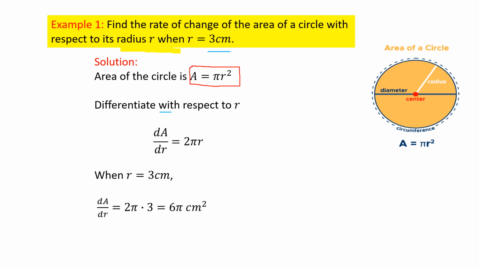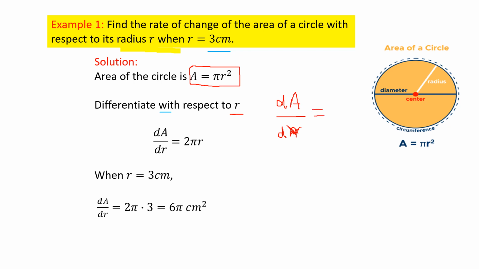So if I differentiate both sides with respect to the radius r, we get dA by dr. What do you mean by dA by dr? Rate of change of the area of the circle with respect to the radius. So it is denoted by dA by dr.